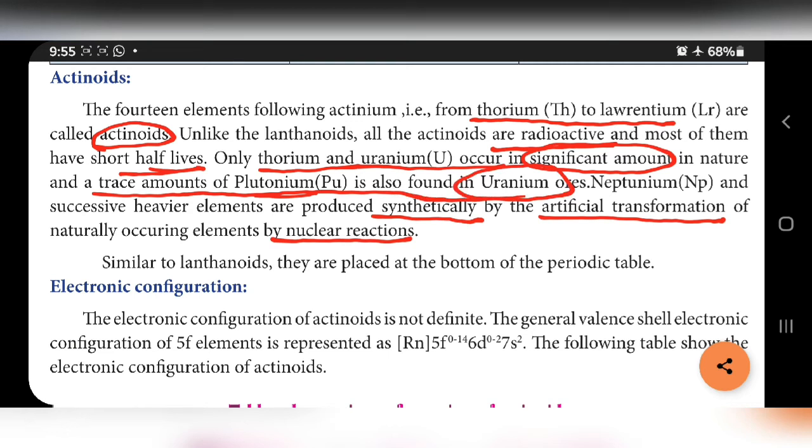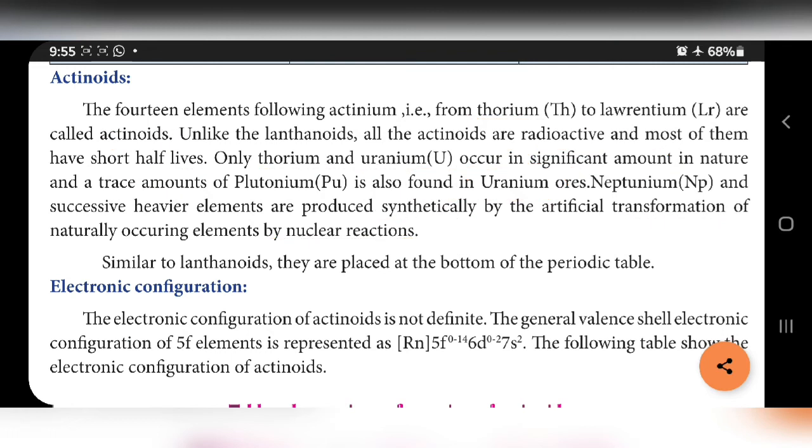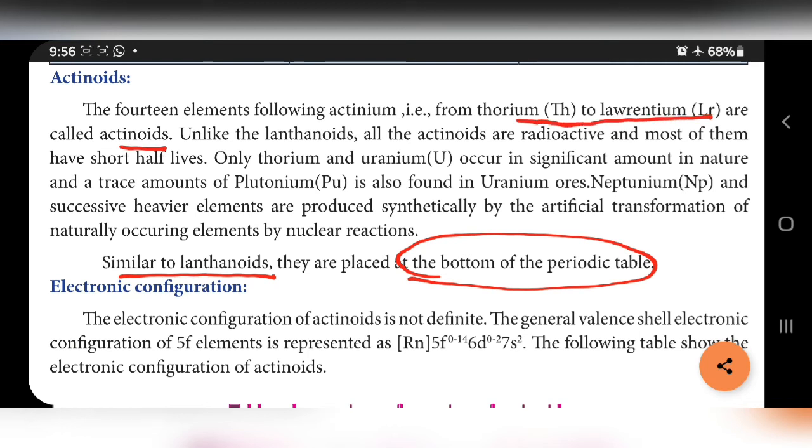Neptunium and the successive heavier elements are all produced synthetically by artificial transformation through nuclear reactions; they do not occur naturally. Similar to lanthanoids, they are placed at the bottom of the periodic table. So, actinoids means the 14 elements thorium to lawrencium.